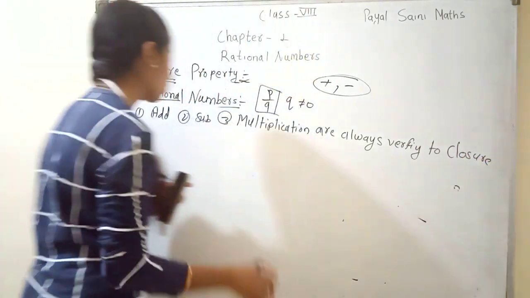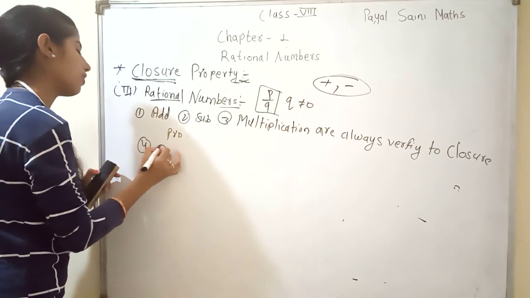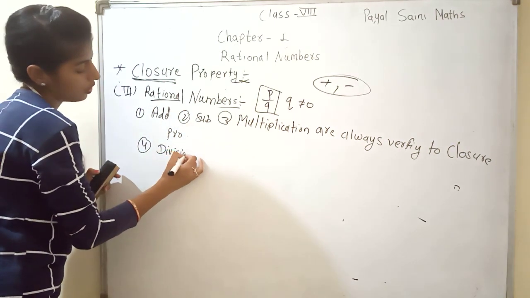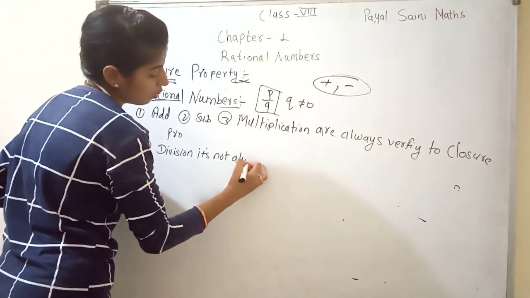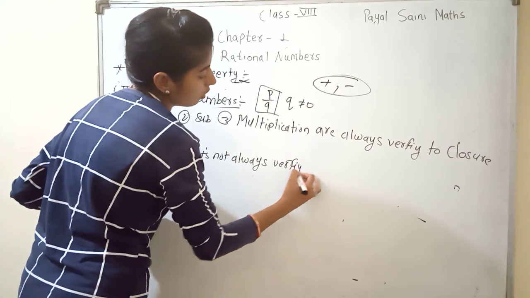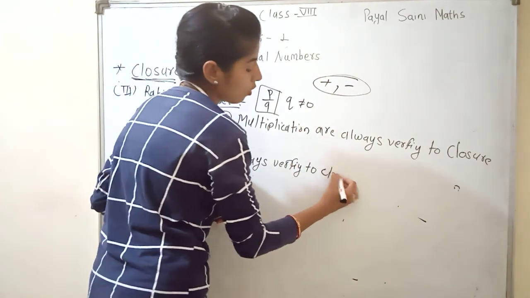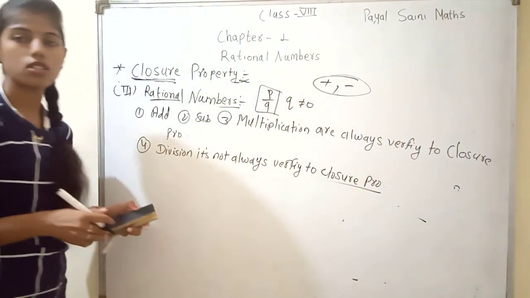And the last, fourth point, is division. Division is not always verified to closure property.